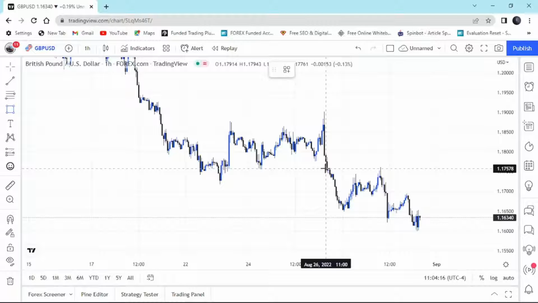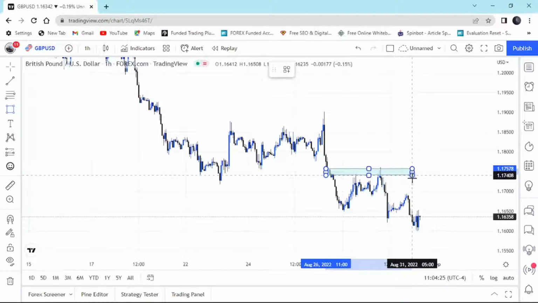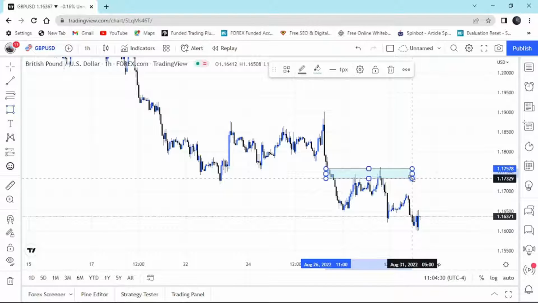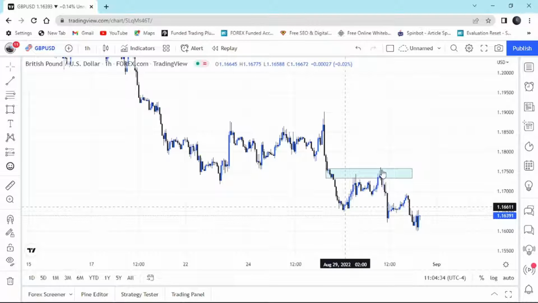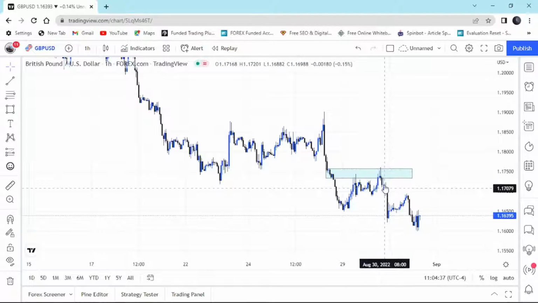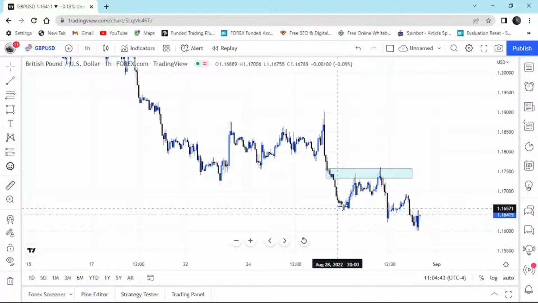Okay, so this is it in this way. So the idea is that when price falls off here, trade back into this region, I want to short it, having this place as my point of reference for take profit.